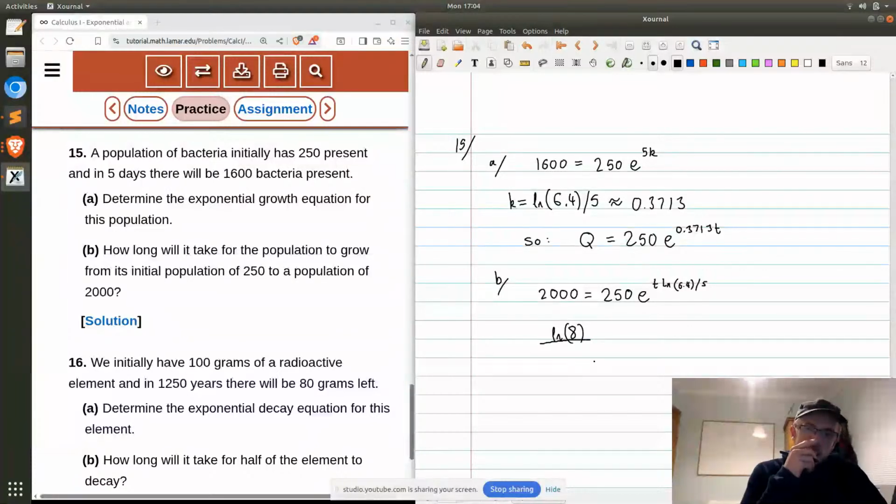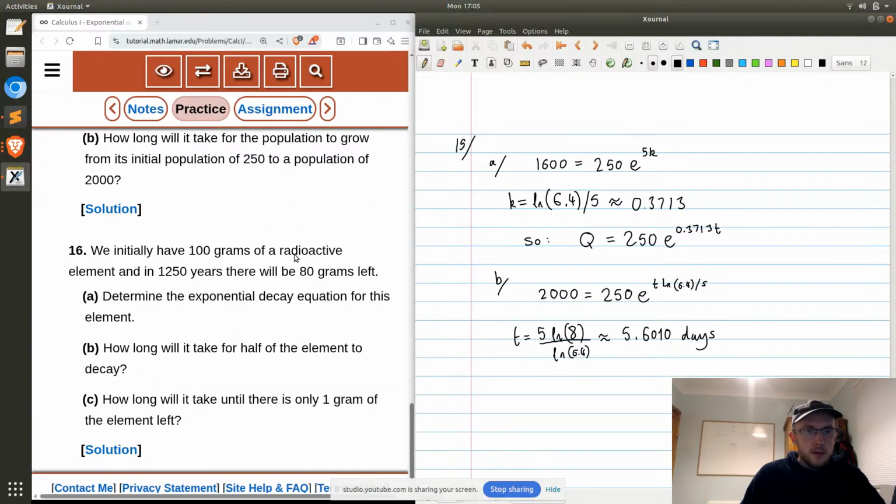If you divide by a fraction, that's the same thing as multiplying by its reciprocal. 5 on there and 6.4 there. That many days.